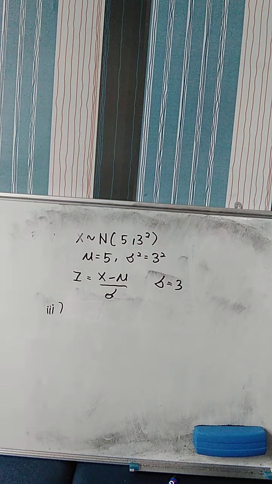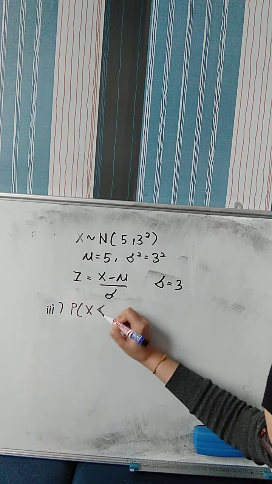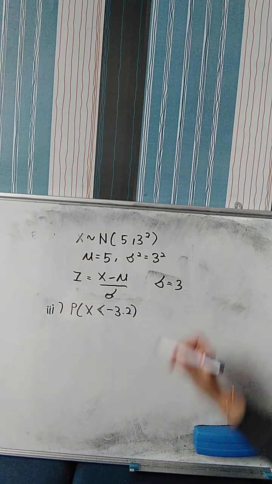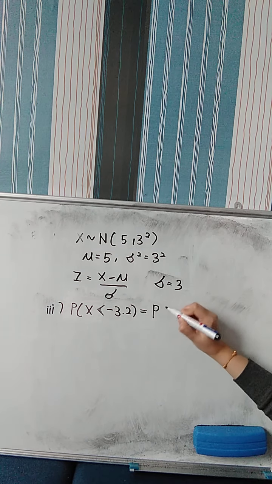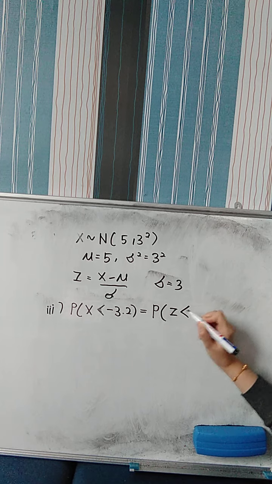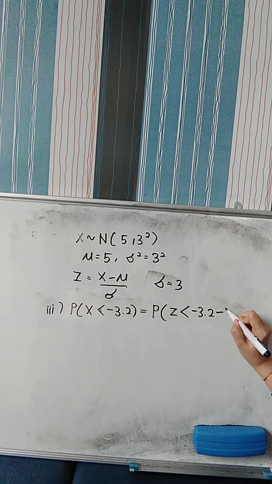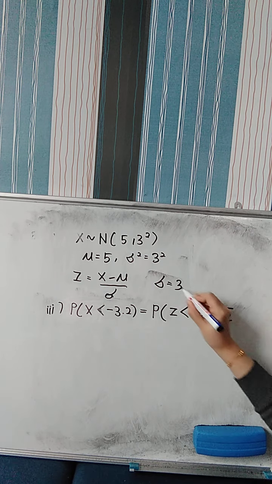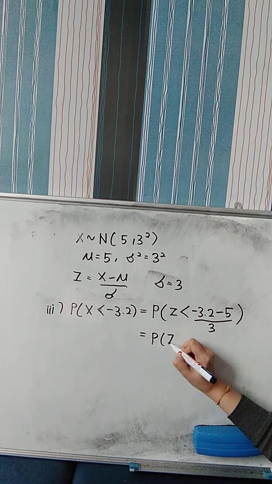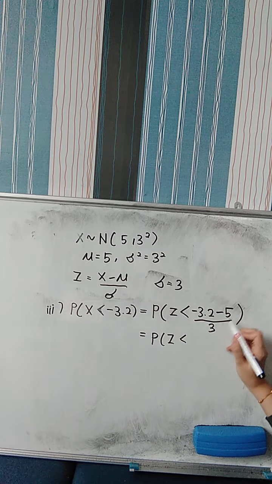Okay, next, number 3. P(X less than negative 3.2). Same, you need to change to the standard normal. X becomes Z, less than, also less than negative 3.2. You minus the mean 5, and then you divide by the standard deviation 3. So P(Z less than (negative 3.2 minus 5) divide by 3).